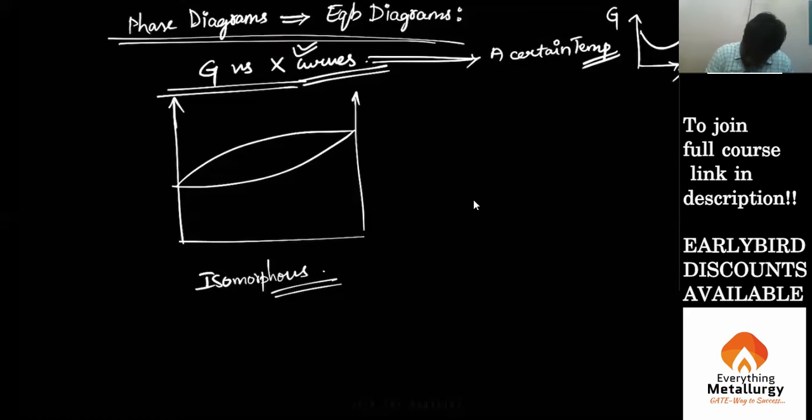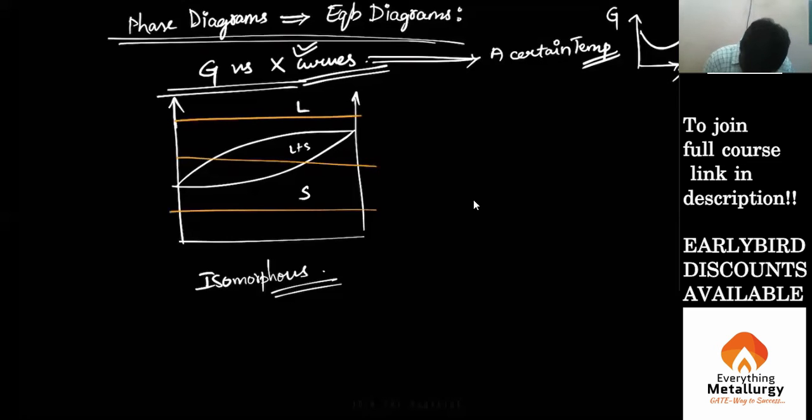Now we have three different regions: liquid, solid, and L plus S. I want to draw the G versus X curves in these three diagrams. I'll take temperatures T1, T2, T3 here, because they have three different regions.